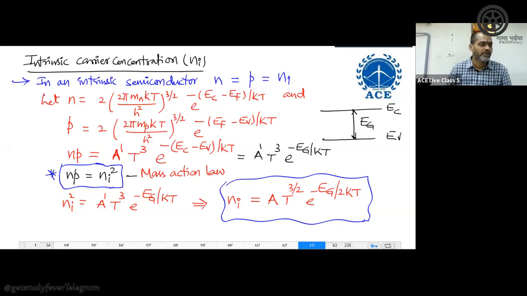Now if you consider this equation, again based on this you can get problems. They can give the intrinsic concentration at a particular temperature and ask you to find it at some other temperature. So let me write this equation and we can get some mathematical relation. What we got: Ni is equal to some constant A into t power 3 by 2 e power minus Eg by 2kT.